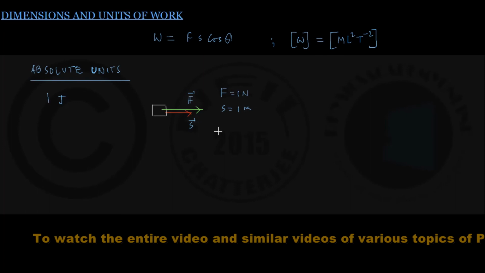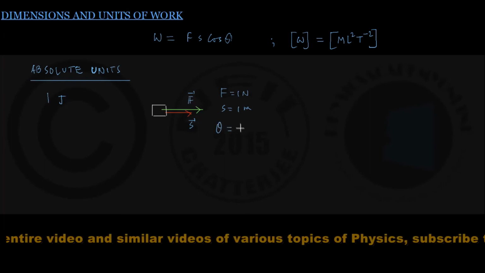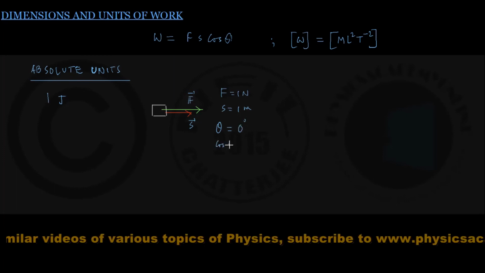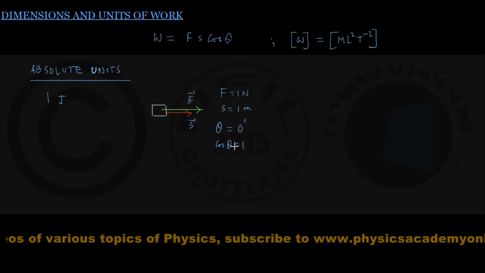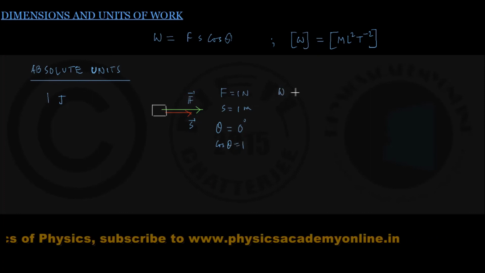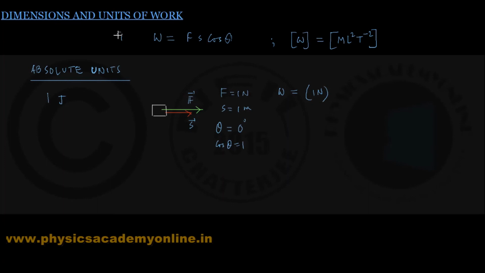And very importantly, the angle theta between F and S, as you can see, they are parallel vectors, is 0 degrees, so cos theta comes out to be 1. So you can look above, at equation number 1, and see 1 Newton for the value of F.